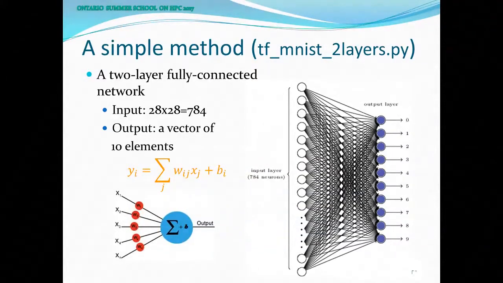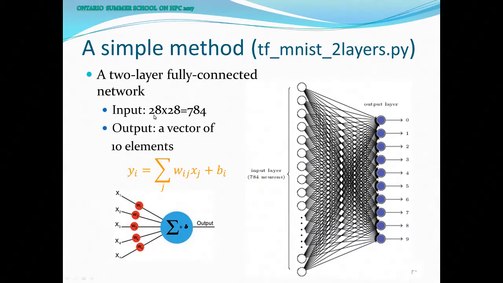Now let's tackle the recognition of handwritten digits problem. So I'm going to define a very simple, fully connected neural network as shown here. The input layer contains 784 neurons. Why 784?